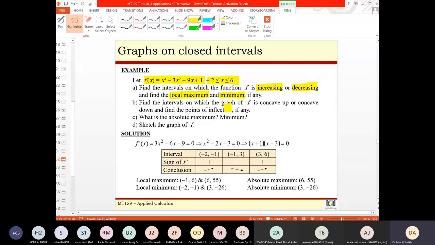In part 2, surely they will ask about what? Concave up or concave down, and then find the point of inflection, which comes with concave up and down. Then find me the absolute maximum and minimum, which are the highest point and the lowest point we have. Then sketch the graph of the function.